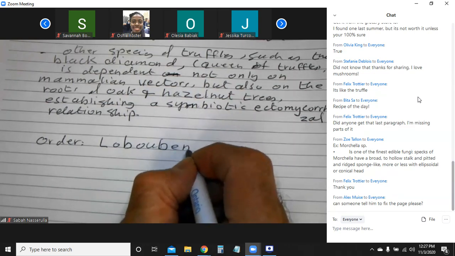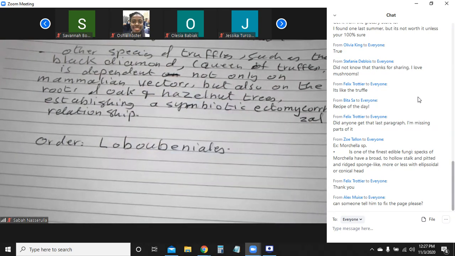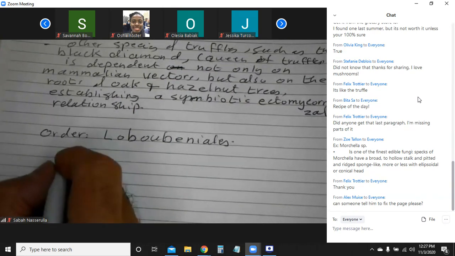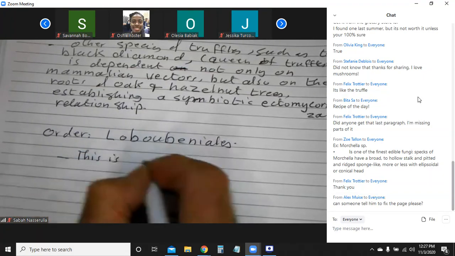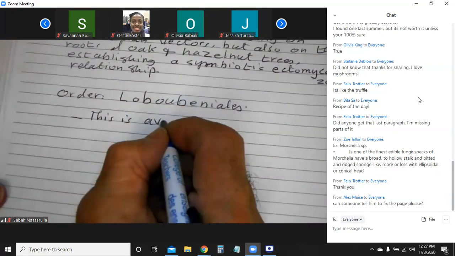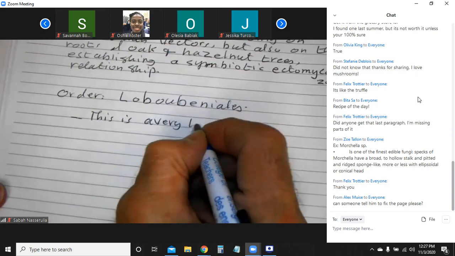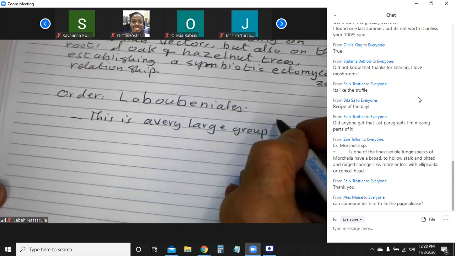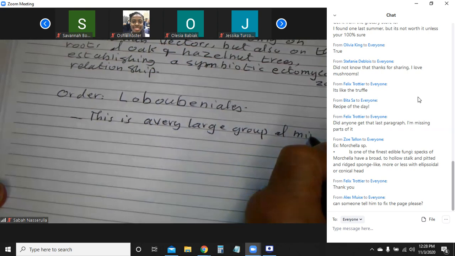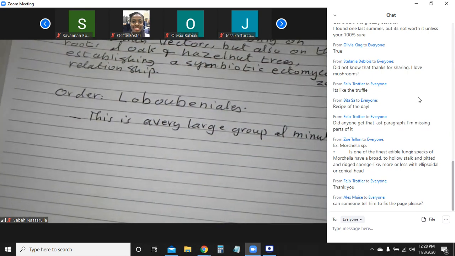Laboulbeniales. Simply going to mention to you here that this is a very large order or large group of minute, but very specialized fungi that, for example, could choose between the male rather than the female insect, something like that.